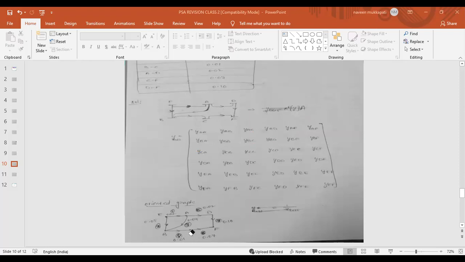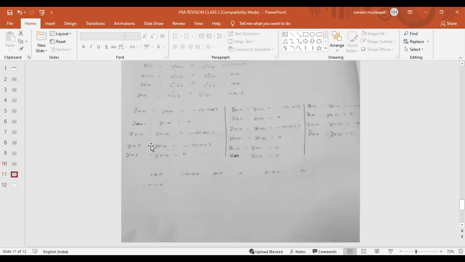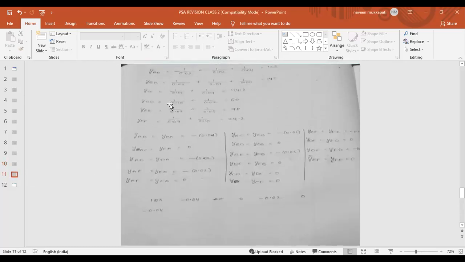This is the oriented graph from the given table, and this is the single line diagram for the given table. After that, we calculate the Y bus matrix.